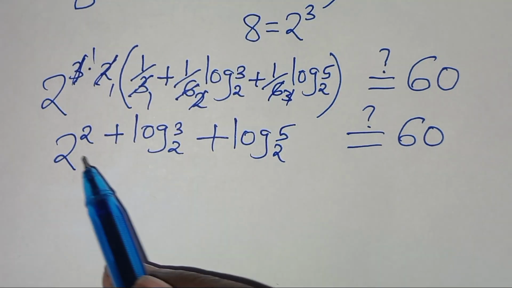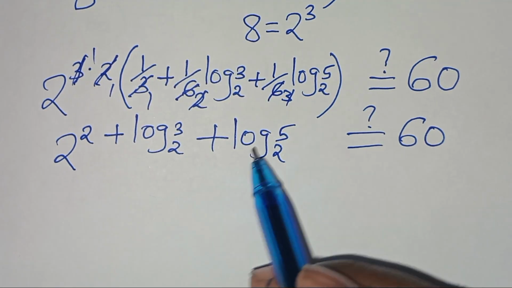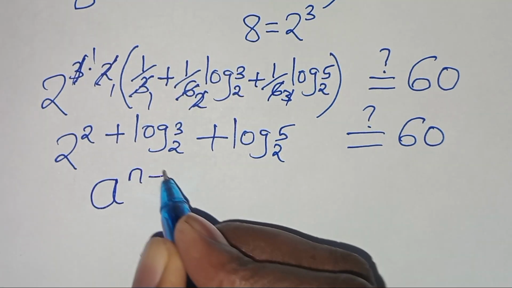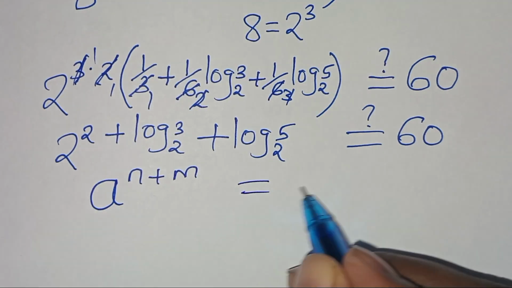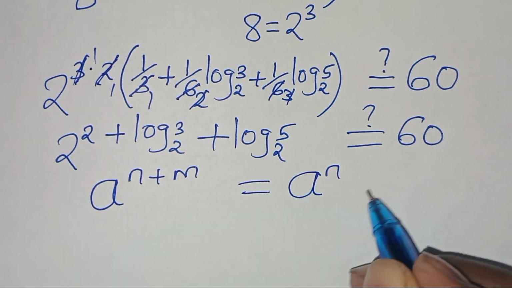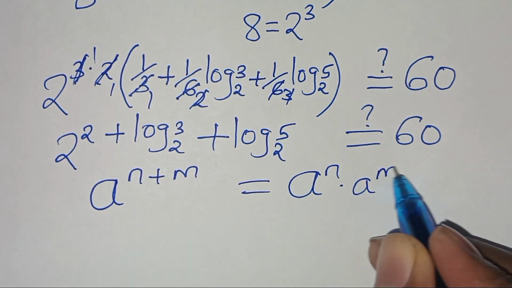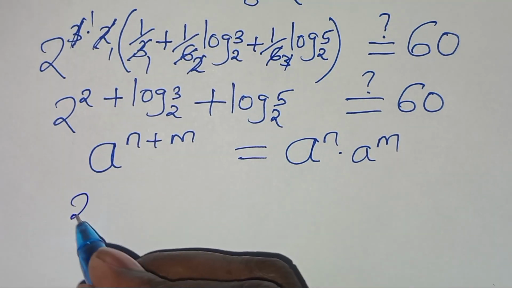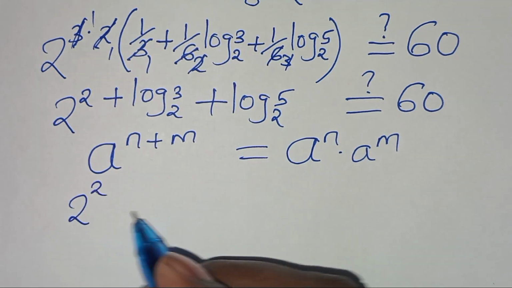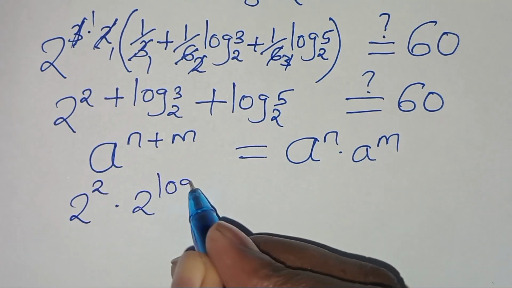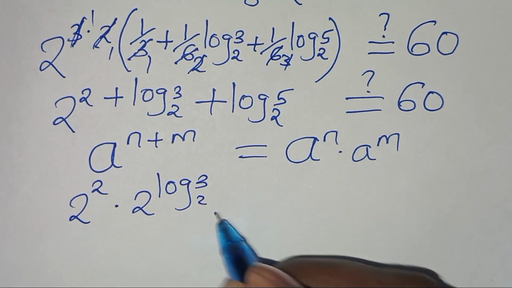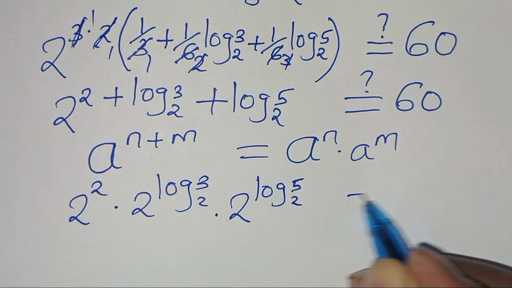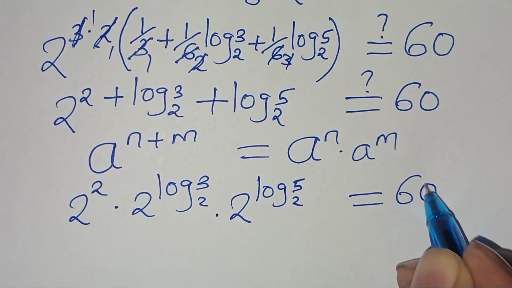The next step is that 2 to the power 2 plus log 3 to base 2 plus log 5 to base 2 is in the form of a to the power n plus m, which we can express as a to the power n times a to the power m. Applying this exponent property, we have 2 to the power 2, times 2 to the power log 3 to base 2, times 2 to the power log 5 to base 2. This should give us a value of 60.